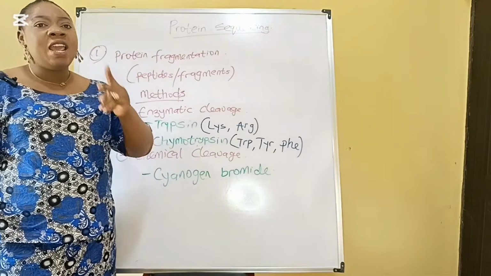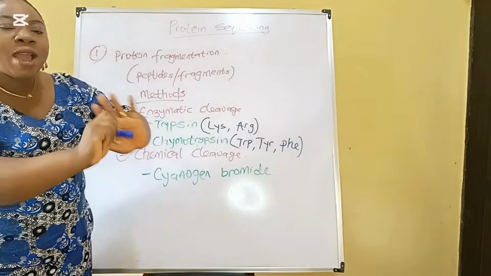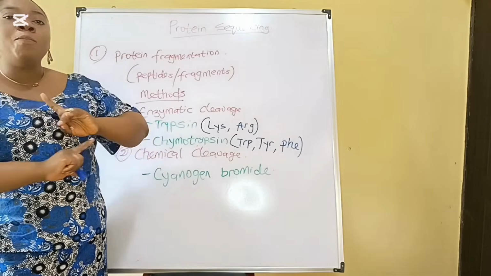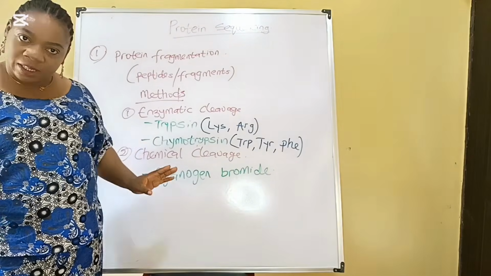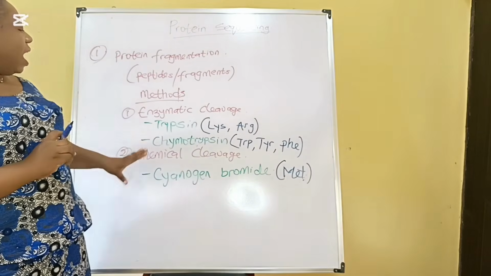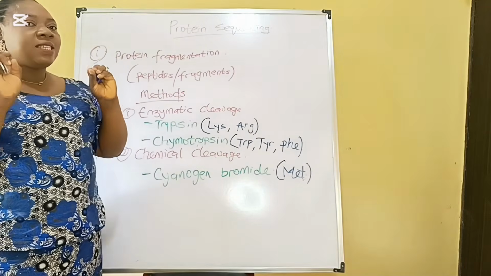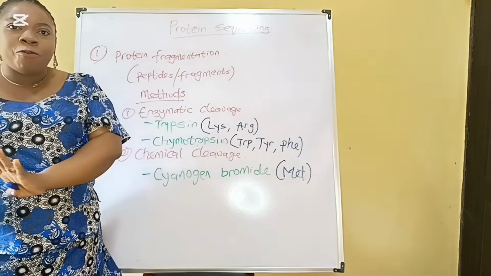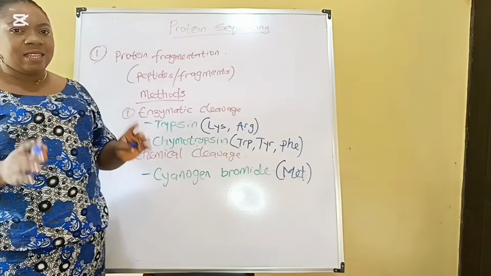So it only cleaves a protein at the methionine amino acid. What is common to them is that they cleave at the C terminal of your amino acid or your protein of interest.